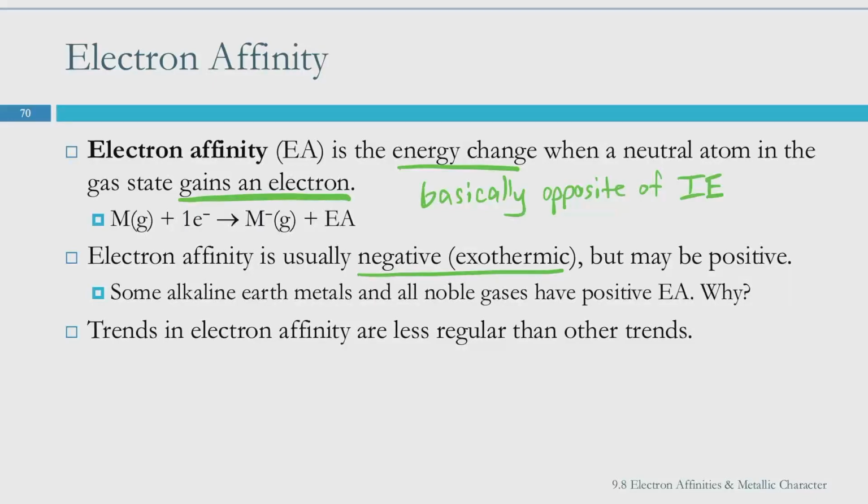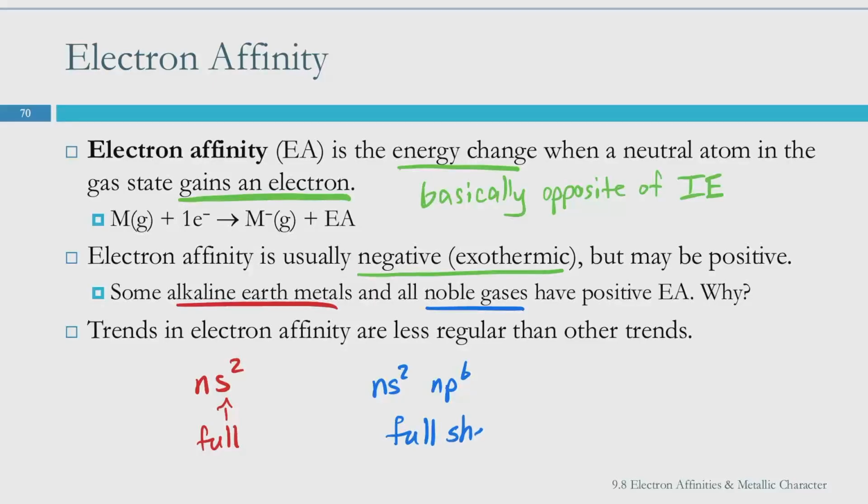They've got a full S shell. So our alkaline earth metals are going to have ns2, where n is just whatever row they're in. So they're going to have a full s2. And what about our noble gases? Noble gases have ns2 np6. So they've got a full valence shell.